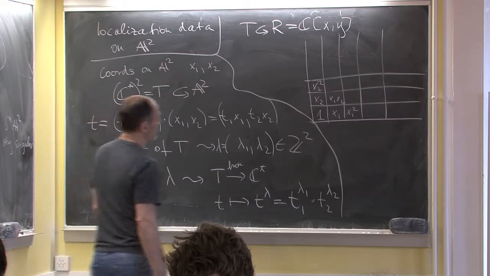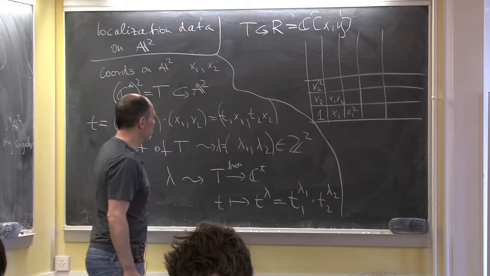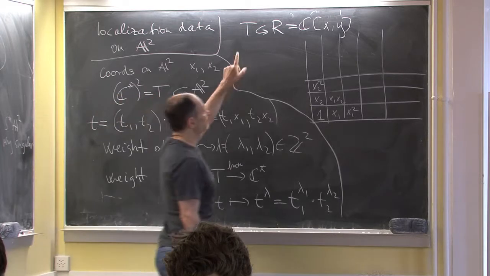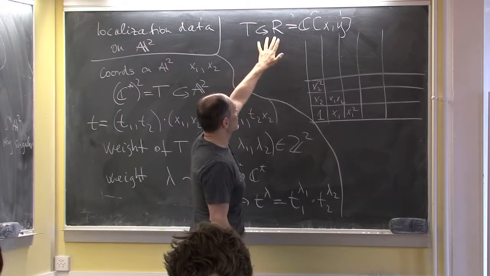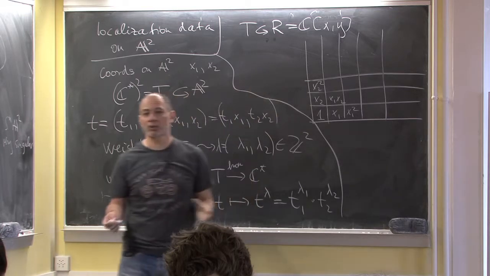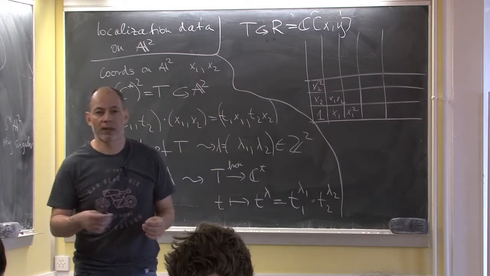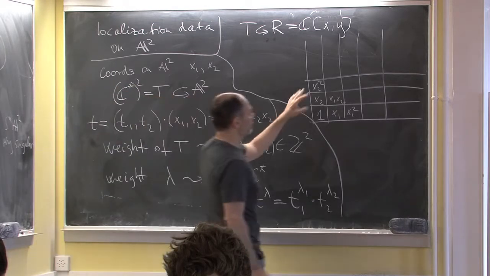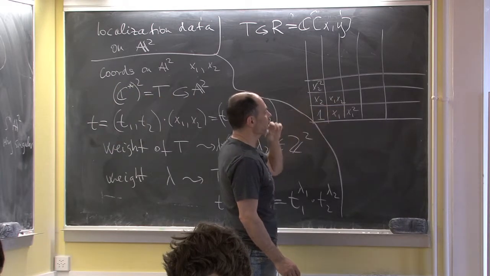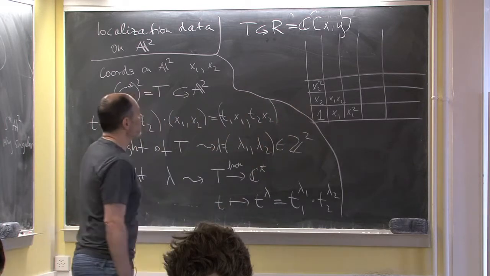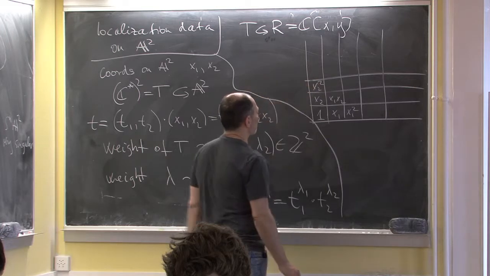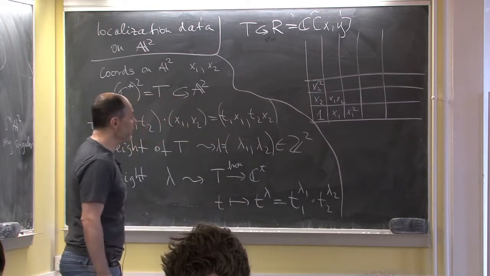But one thing worth pointing out is that, as this is a representation, as you remember, every representation decomposes as a direct sum of one-dimensional representations. In fact, these monomials form a basis of one-dimensional subrepresentations of R. So each of these will carry a weight.